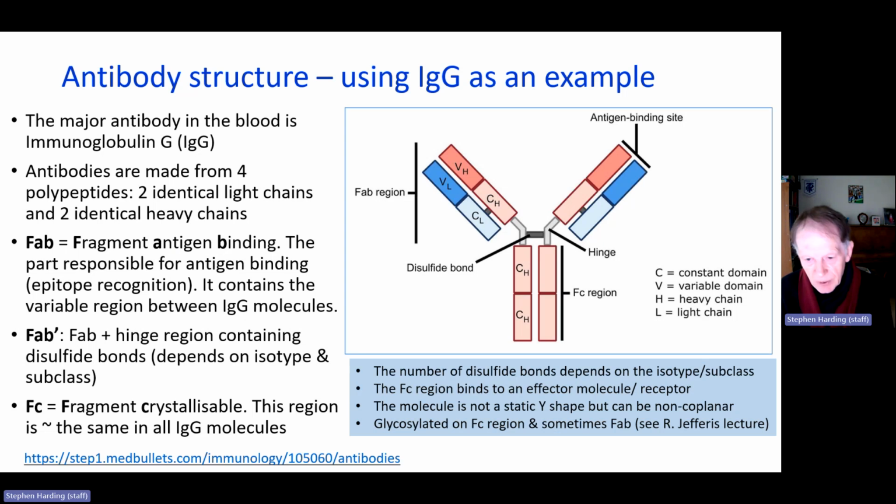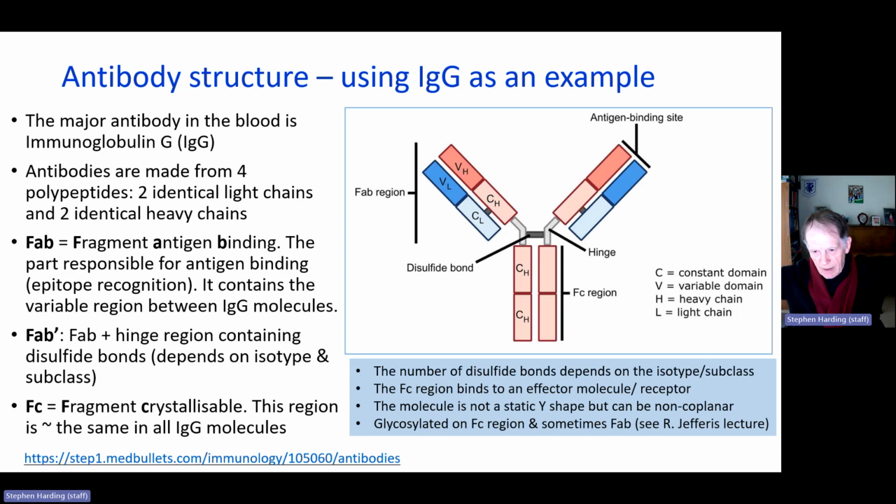Now, although in textbooks the molecule is depicted as a Y shape, it's important to realize the antibody molecule is not a static Y shape in one plane, or coplanar.